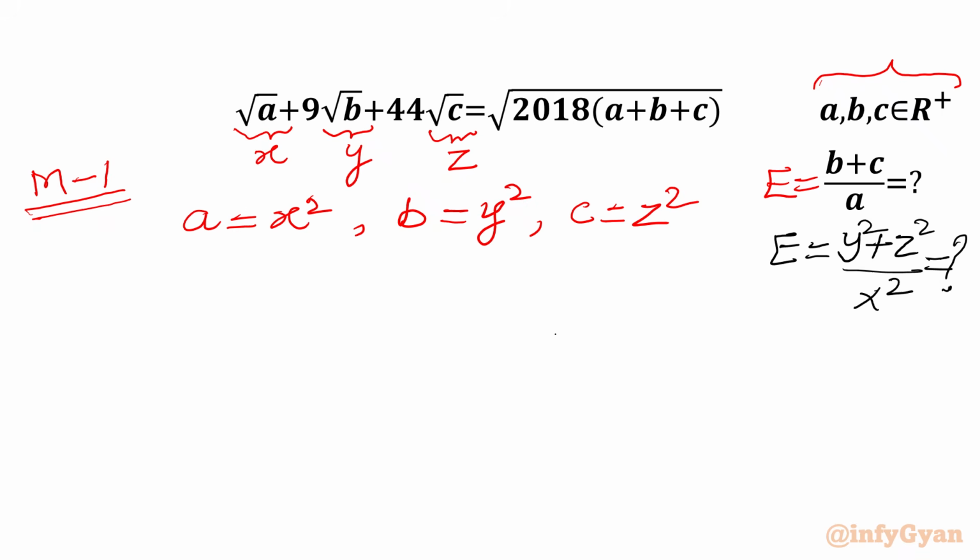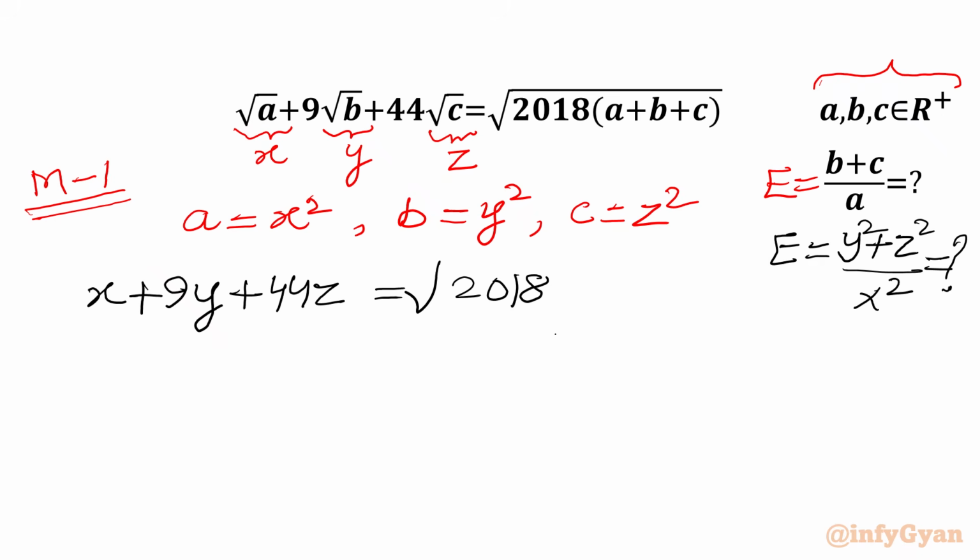So we will write our equation x plus 9y plus 44z equal to square root of 2018 times (x square plus y square plus z square). Now we'll be squaring both sides.